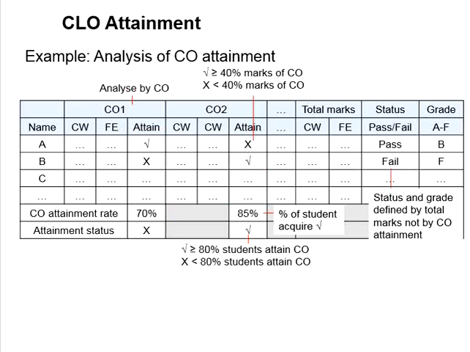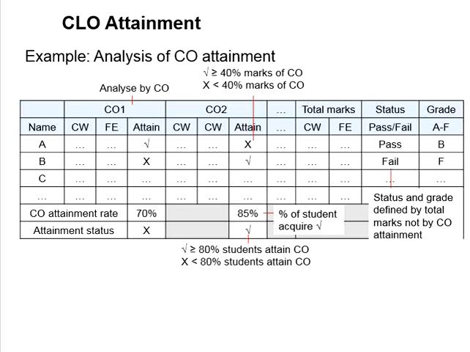Now, in terms of the course, whether it is pass or fail will depend on the total marks by the student, whether the total marks is greater than 40%. If the total marks here is greater than 40%, regardless of the attainment status of the COs, we are able to determine whether the student passes or fails the course.